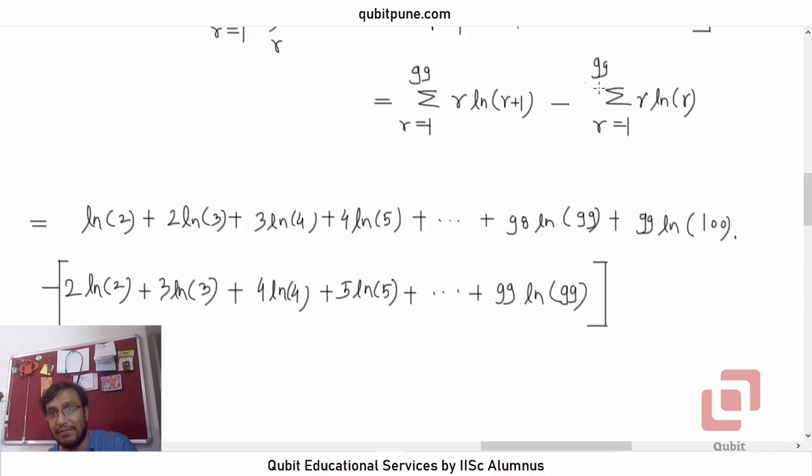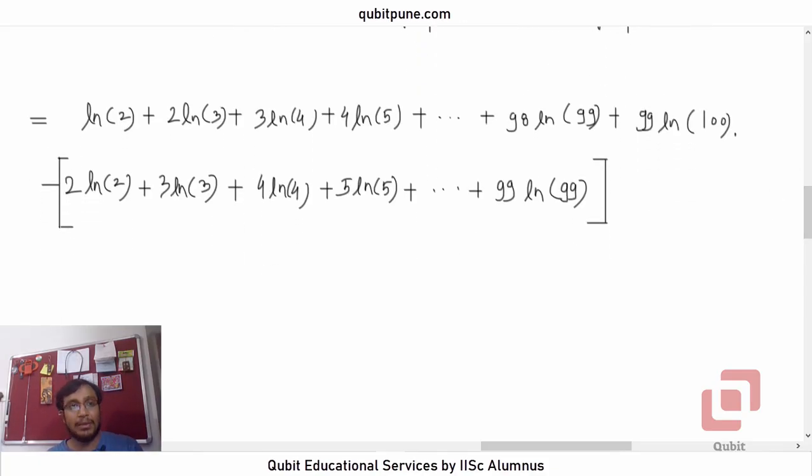That's it. You don't have 100 here, because that's r ln r and r ends at 99. Now if you observe, we have negative ln 2, negative ln 3, negative ln 4, negative ln 5, all up to negative ln 99. So it will be negative of ln of 2 into 3 into 4 up to 99.